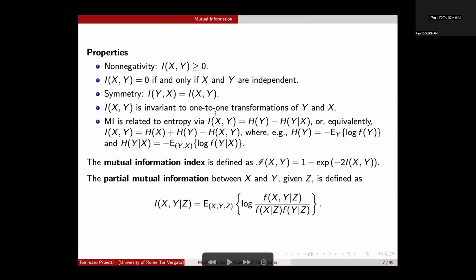Then I will also need the concept of partial mutual information between x and y, given another random vector z. And this is defined like this. Again, it's the expected Kullback-Leibler divergence between the joint conditional on z and the product of the marginals, both conditional on z.